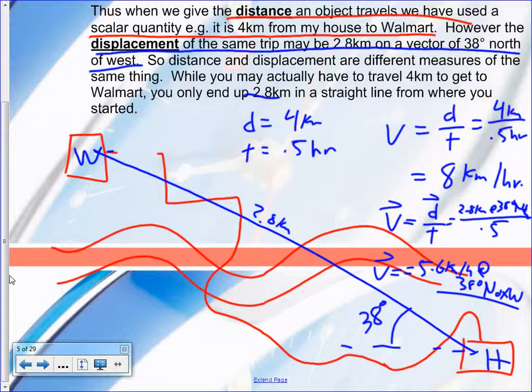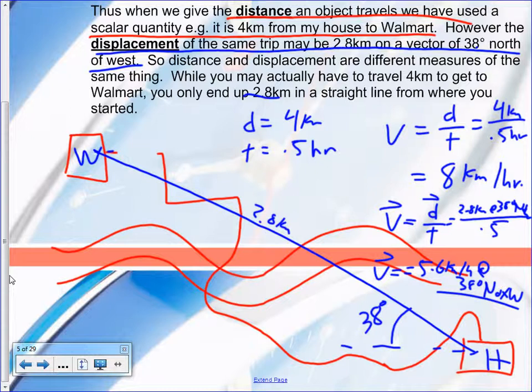Your displacement and your velocity should always have the same direction. Everyone follow me there? Now, distance is how far you go, doesn't matter what direction. Displacement is how far you go and in what direction from your starting position.